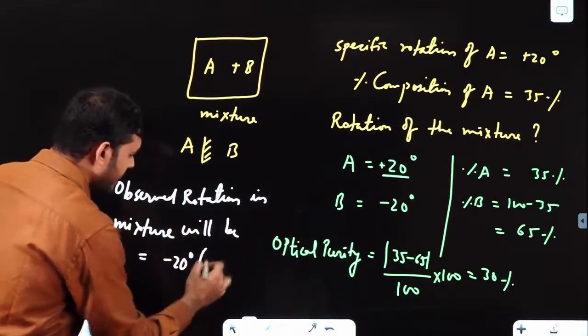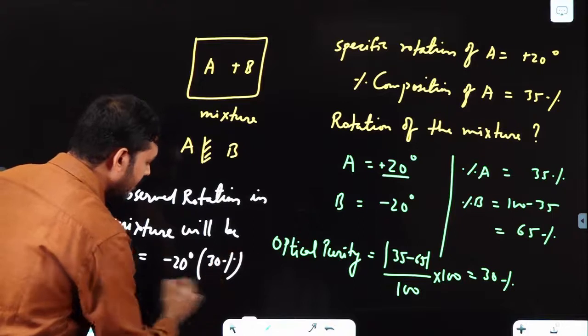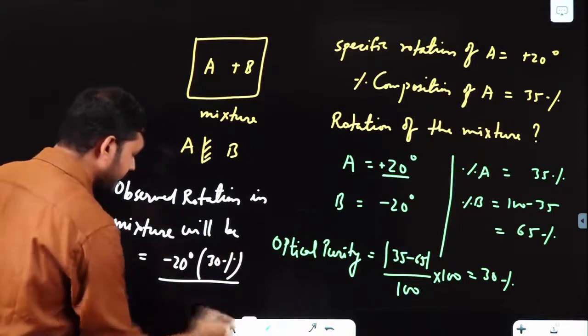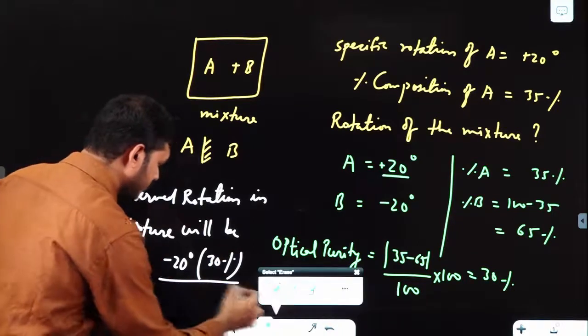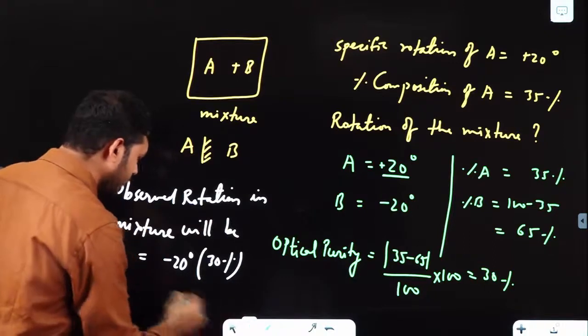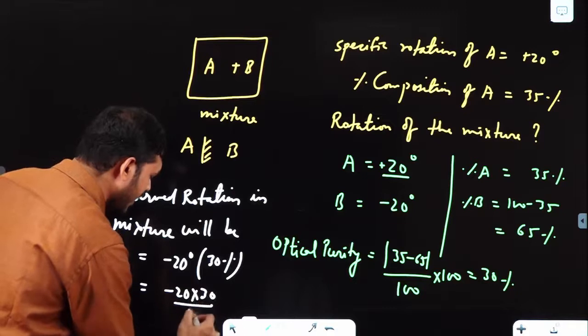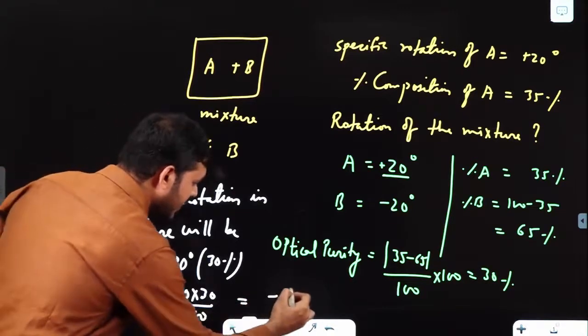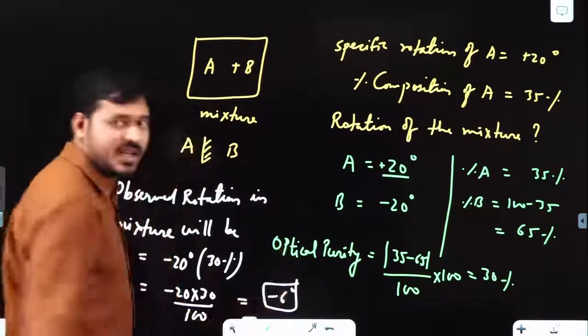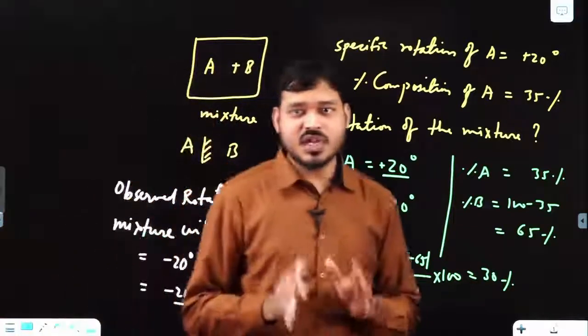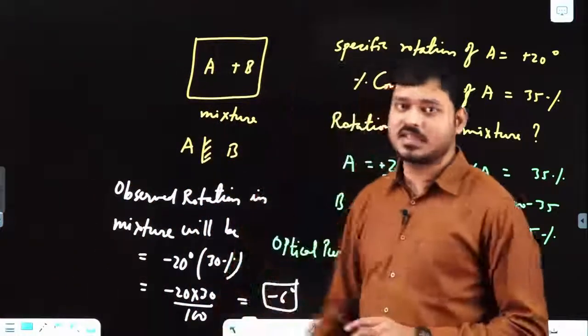Minus 20 degree into its 30%, that is minus 20 into 30 by 100, which is minus 6 degree. Clear to you all? So the rotation of the sample will be minus 6 degree.